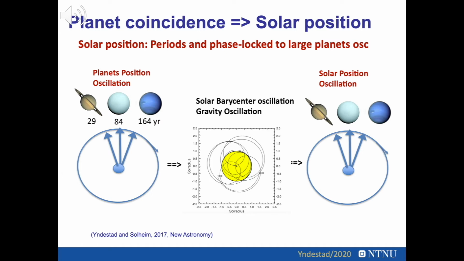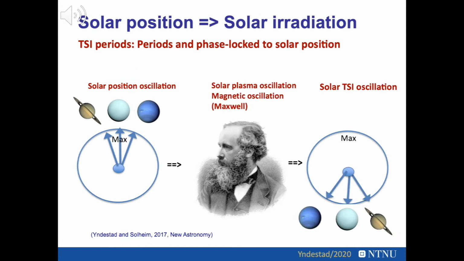The planet position oscillations around the sun then influence the solar position oscillations around the barycenter. Rotation of the sun position around the barycenter leads to a rotation of the inner solar dynamo. The rotation of the solar dynamo influences the solar radiation from the Sun's surface.